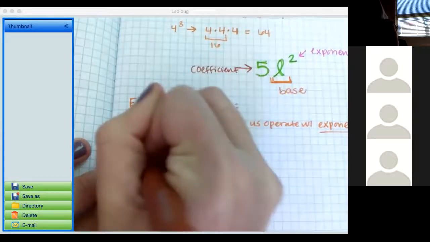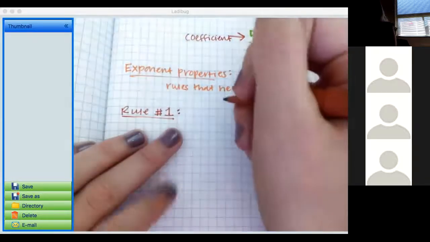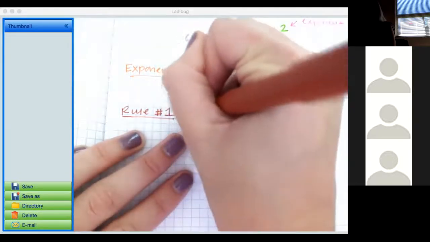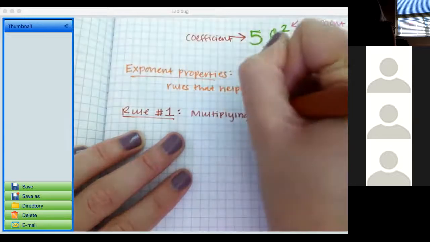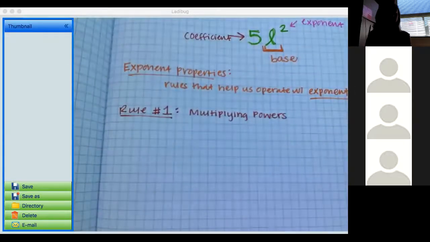All right, so rule number 1. Rule number 1 is for multiplying powers.